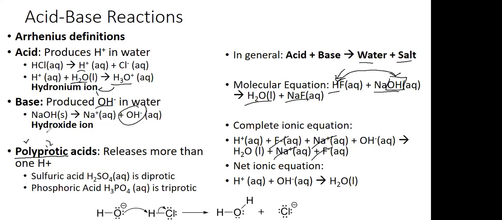Protic simply means like proton. So many proton acid, polyprotic acid. Sulfuric acid, H2SO4, is diprotic, has two hydrogens that are acidic. H3PO4 is triprotic. It has three hydrogens that are acidic.